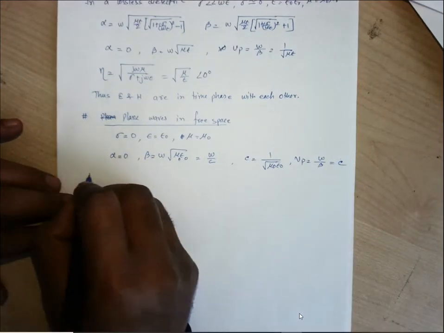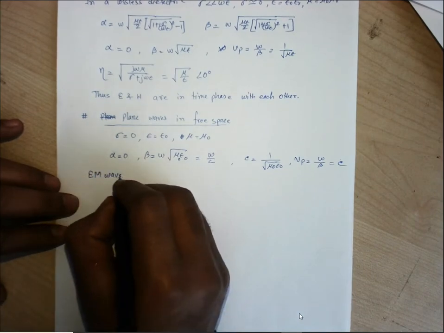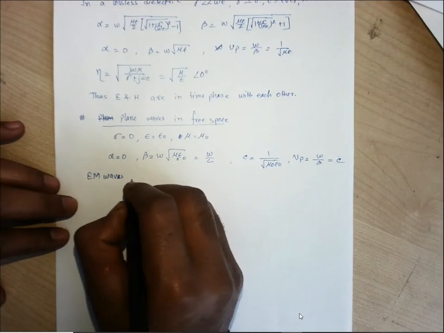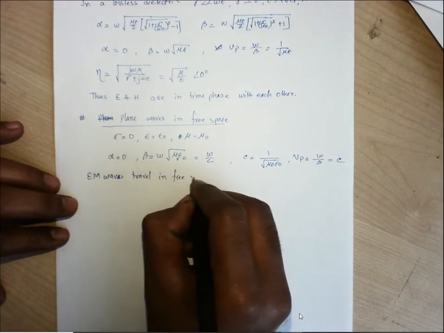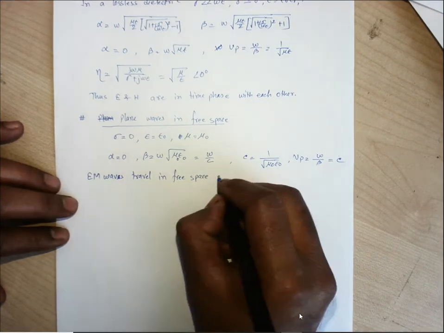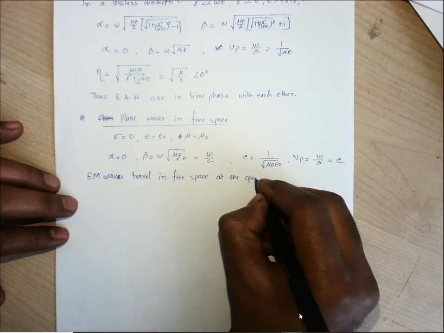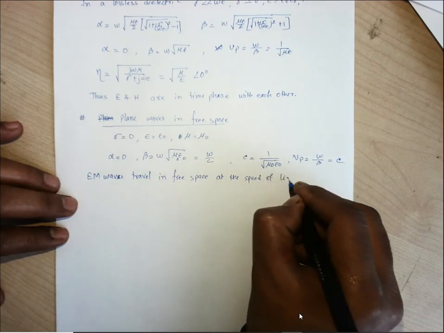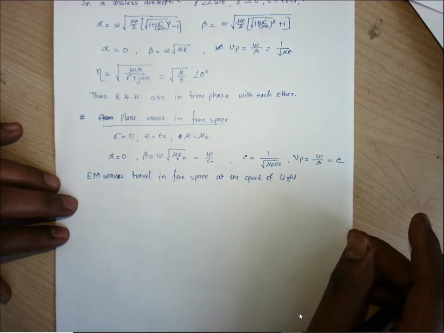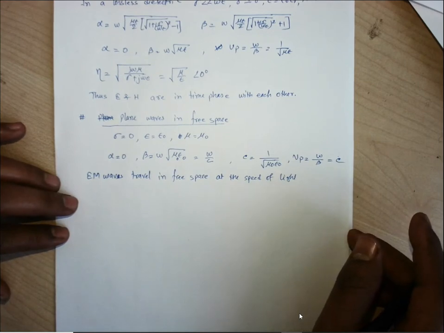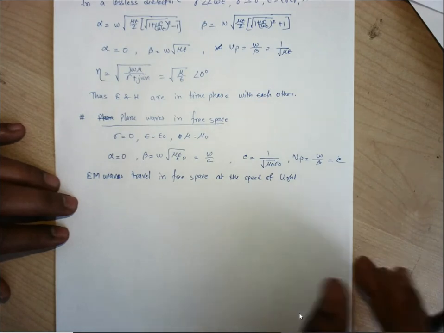So EM waves travel in free space at the speed of light. Or we can say light itself is the manifestation of EM wave. Light itself is some kind of EM wave.